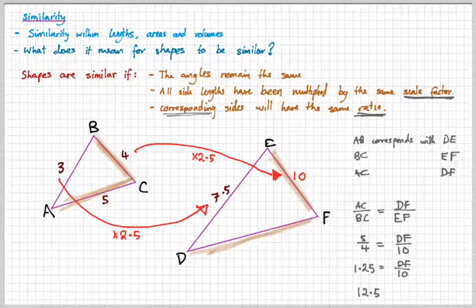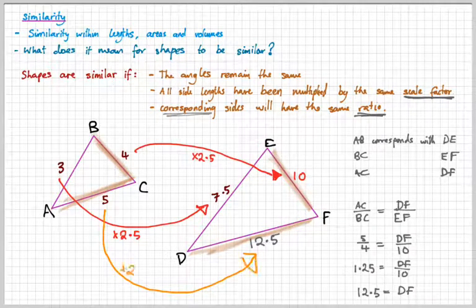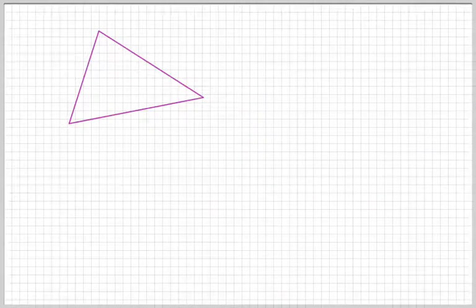That means that DF is equal to 12.5. This side is 12.5. This was using ratios between corresponding sides, but I could have got that answer just by doing 5 times by 2.5. That would have given me the same thing. Okay, excellent.